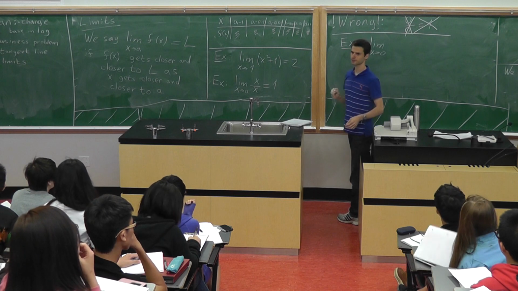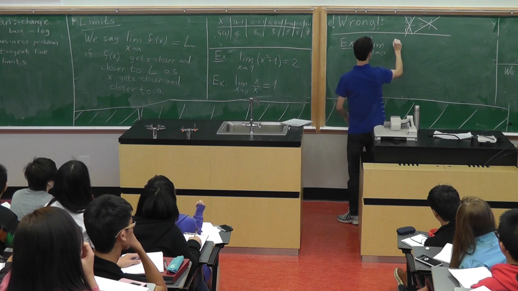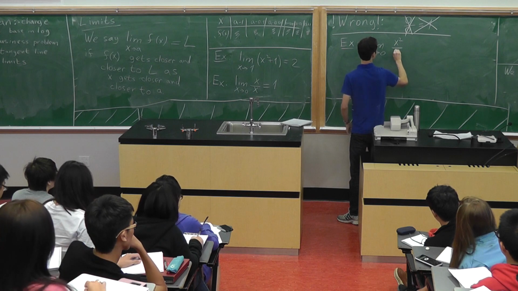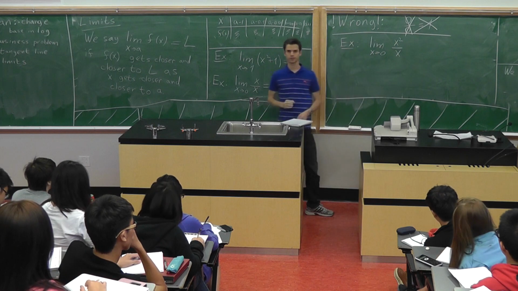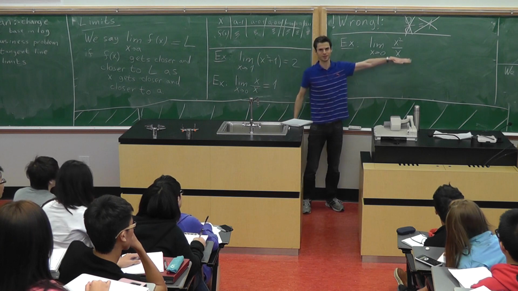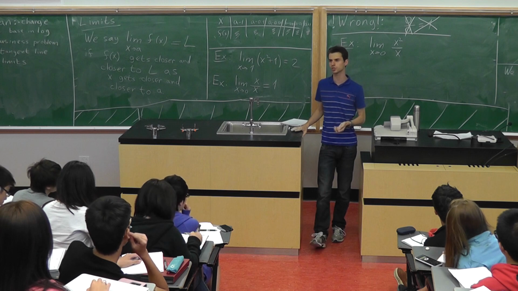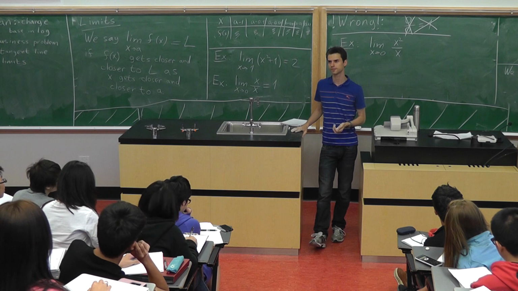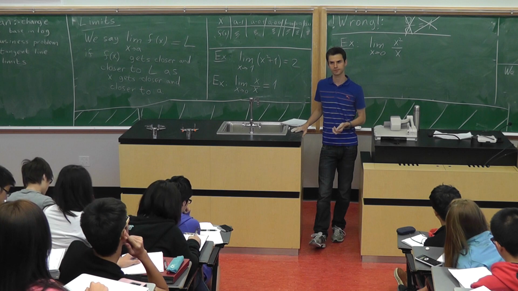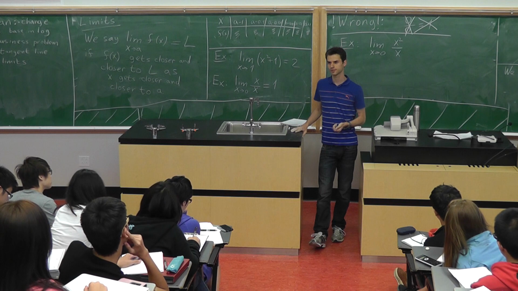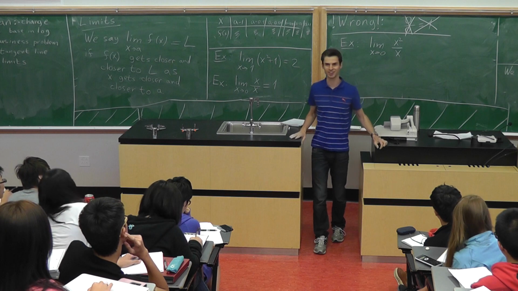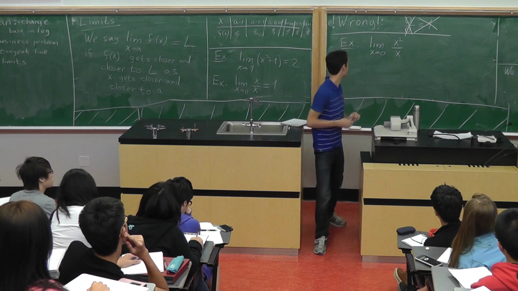Let's extend this example. What is this limit? X squared over x as x tends to 0. Somebody should say it loud. 0. 0, right.